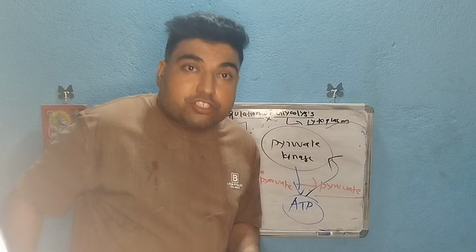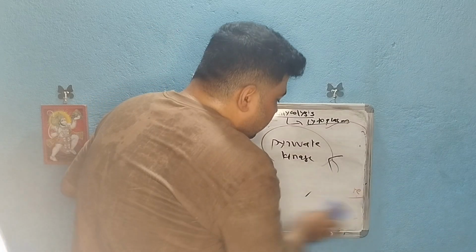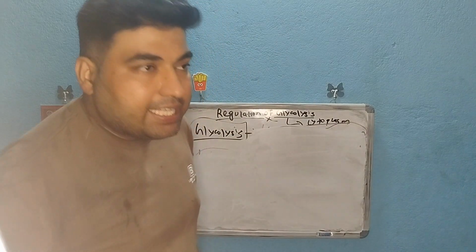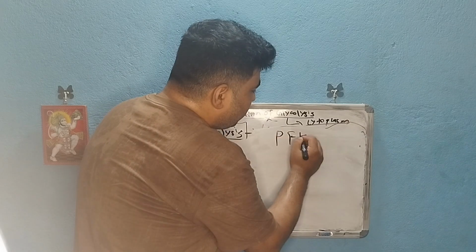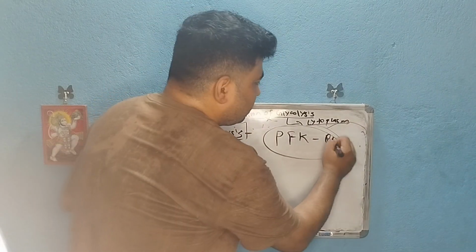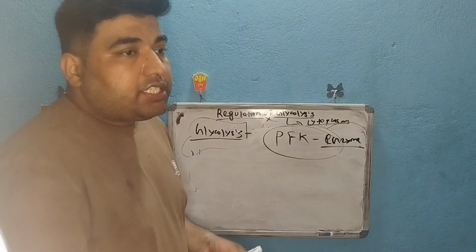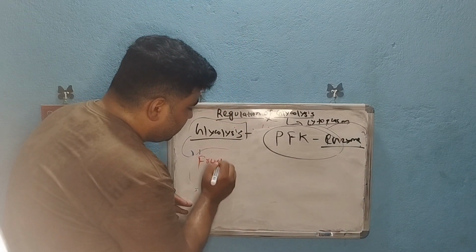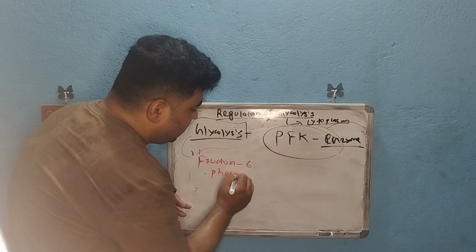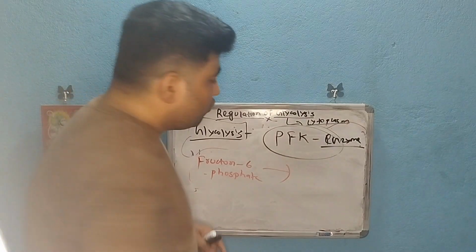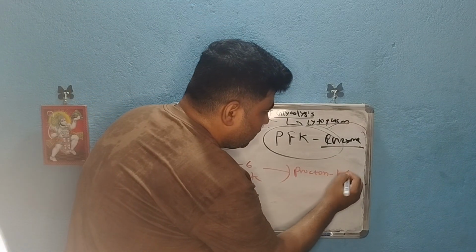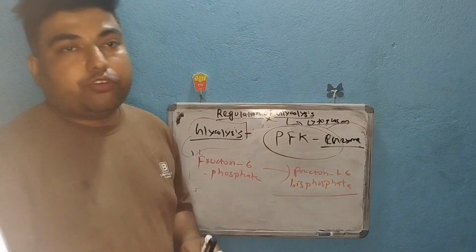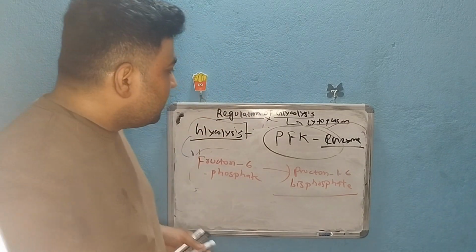Now one of the most important enzymes of the glycolytic pathway is the phosphofructokinase enzyme. This phosphofructokinase enzyme converts fructose 6-phosphate into fructose 1,6-bisphosphate during glycolysis.